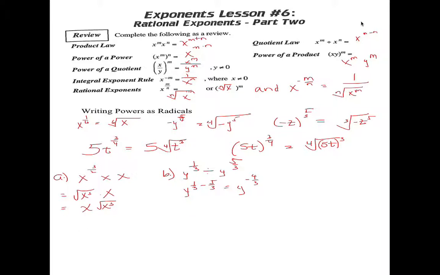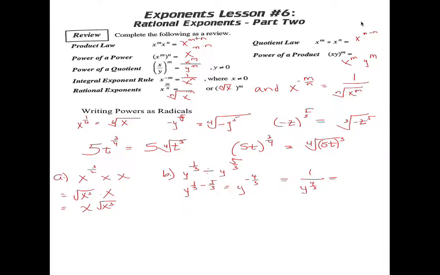Because it's a negative power, what's the first thing we could do? We can flip it, where it's going to become 1 over y to the 4/3 power, and now I can write it in radical form.